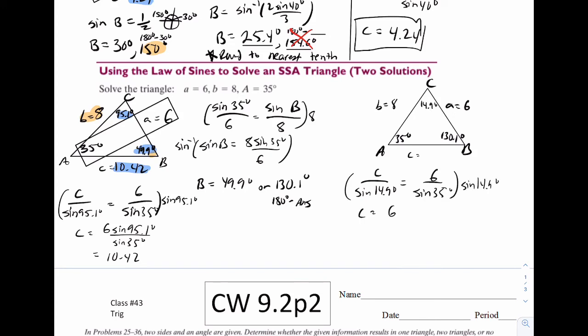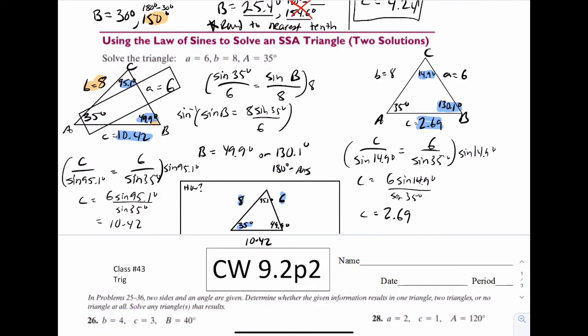So C will equal 6 sine 14.9 all over sine 35. So C must be 2.69. And there we have it. 2 complete triangles. Now, if you're wondering how this is possible, you can keep watching, but if you're not really interested, you can stop the video here.